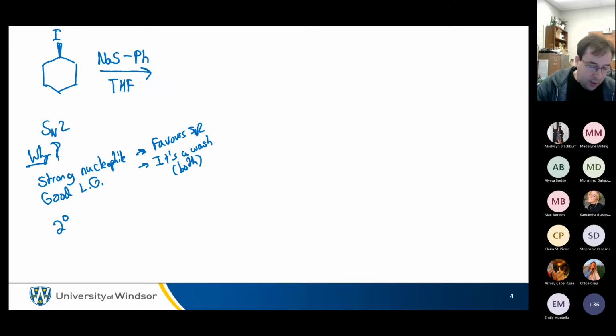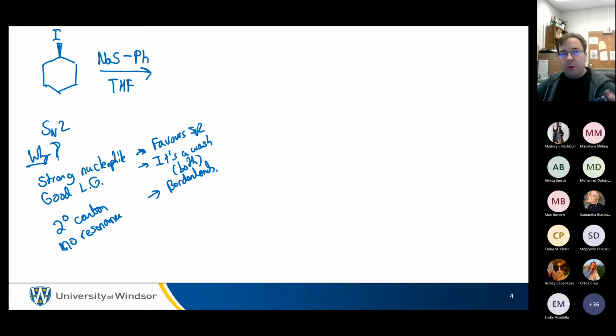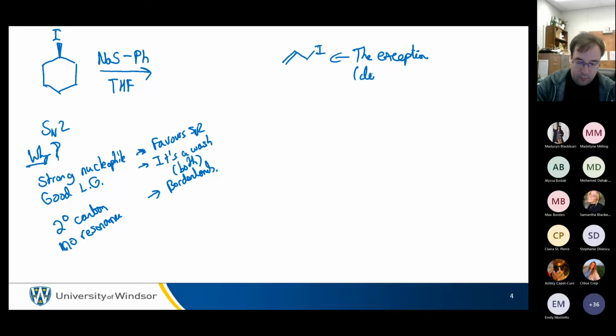It's a secondary carbon, no resonance. This is the borderlands between SN1 and SN2. Primaries, always SN2. Tertiaries, always SN1. Resonance stabilized carbocations, except for the allyl one in this exact molecule.